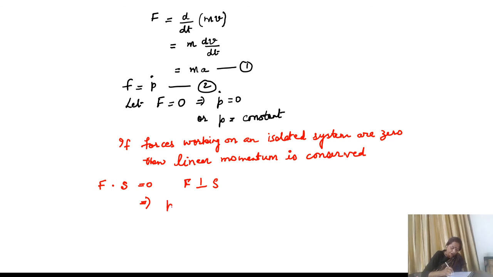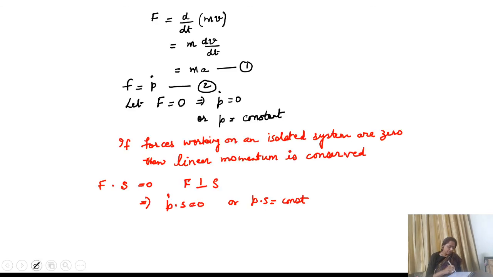F is P dot. So P dot dot S is equal to 0, or P dot S is equal to constant. Now what is this P dot S? P dot S is the component of momentum in the direction of S.